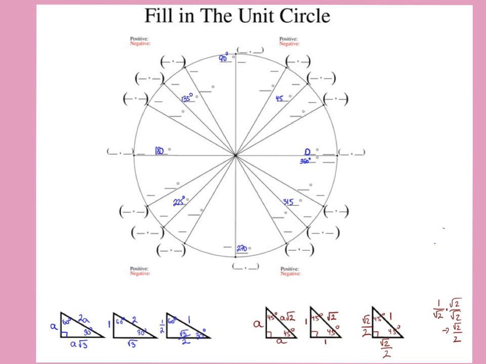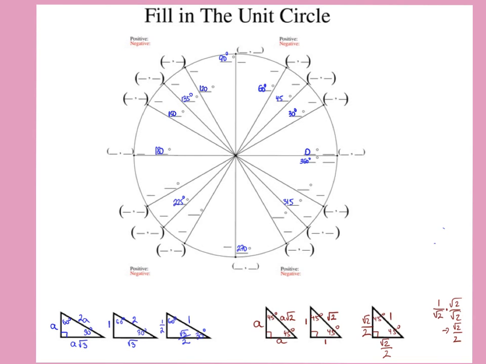So if here is our 0 degrees, then the first angle here is going to be 30 degrees. Then 2 times 30 is going to give us 60 degrees. Then 3 times 30 gives us 90. Then 4 times 30 is going to give us 120 degrees. And then we'll move on to 5 times 30, which will give us 150 degrees.